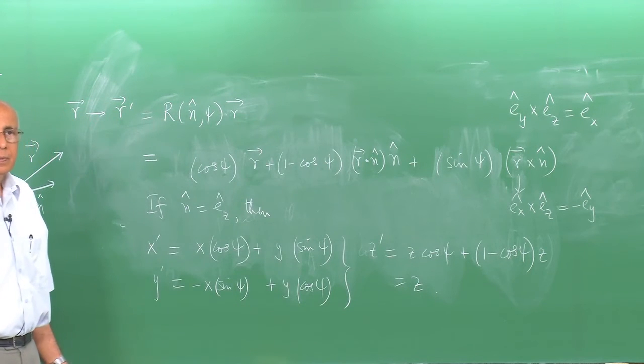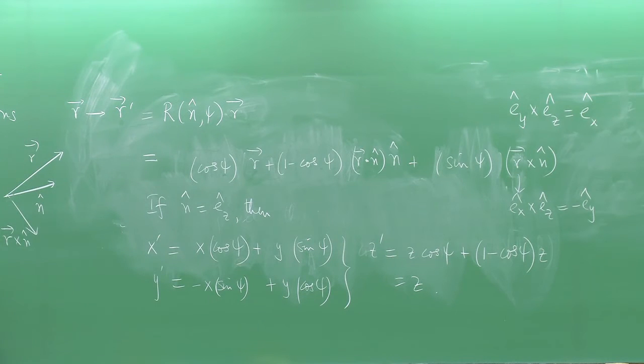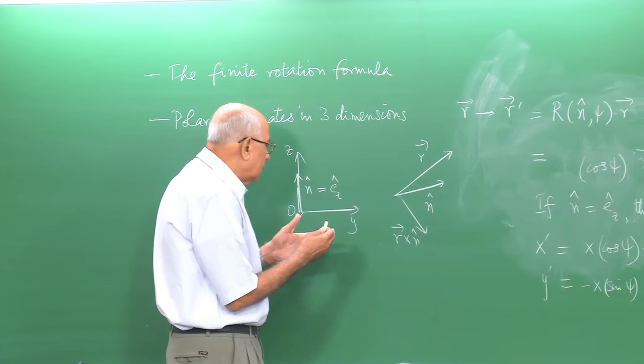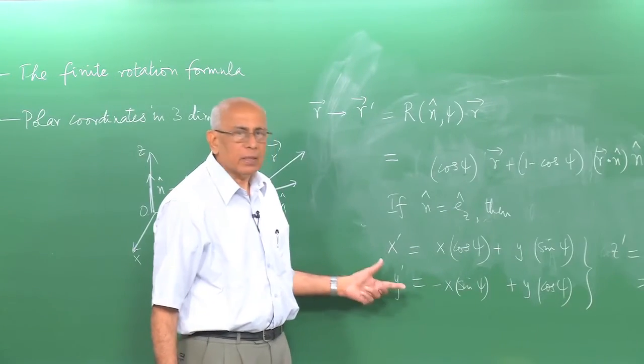So this checks out. It essentially tells us that if you rotate about the z axis, the z coordinate of points does not change, and the x and y coordinates get mixed up according to this plane trigonometric formula.